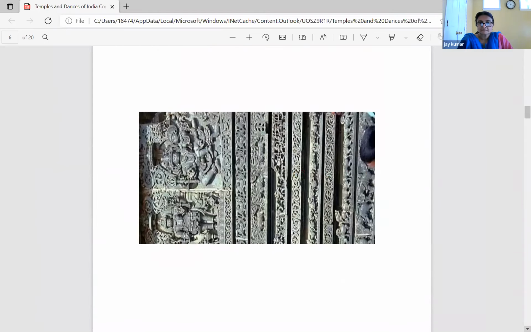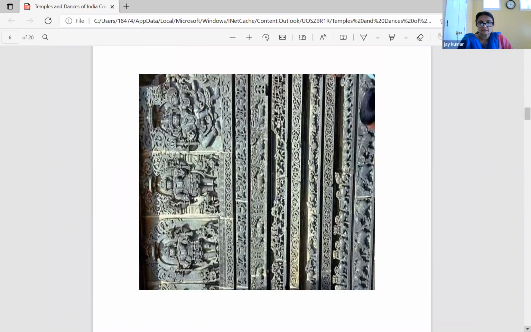Next, please. Yes. This is the intricacy with which the outside walls are carved. You can see there are lions, elephants, horses, and things like that. Each row has something different. There are close to about 1,094 of these carvings outside.